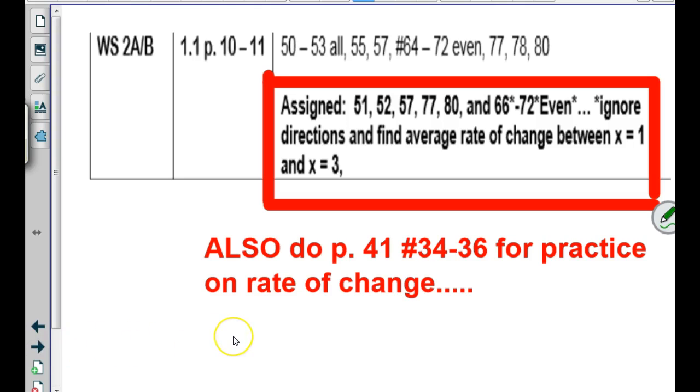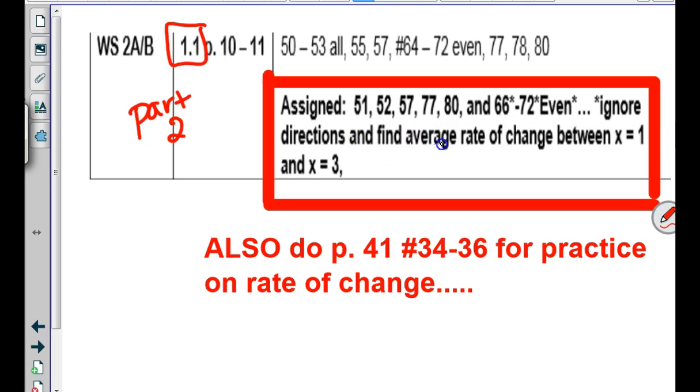All right, so on either the blue sheet or the homework checklist you picked up on Friday, this is the part 2 assignment for 1.1. And it's very clear down here that the directions need to be changed when you get to 66 through 72.